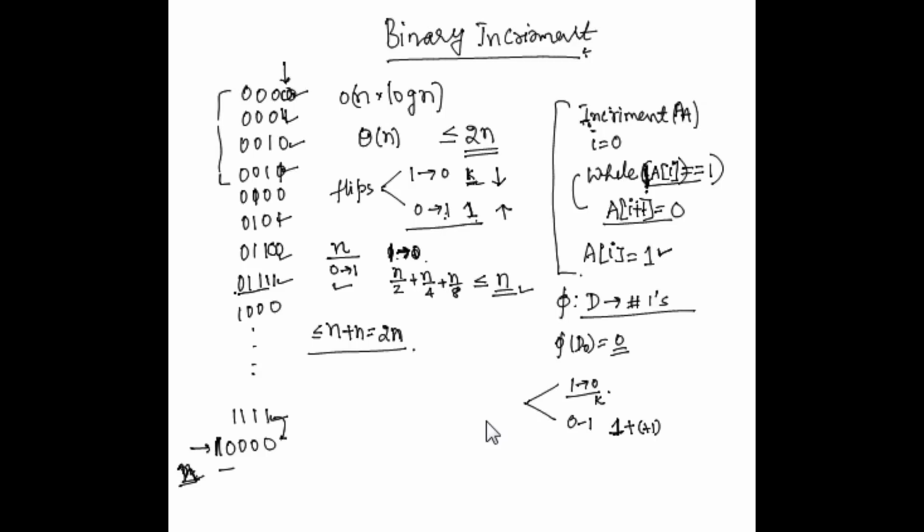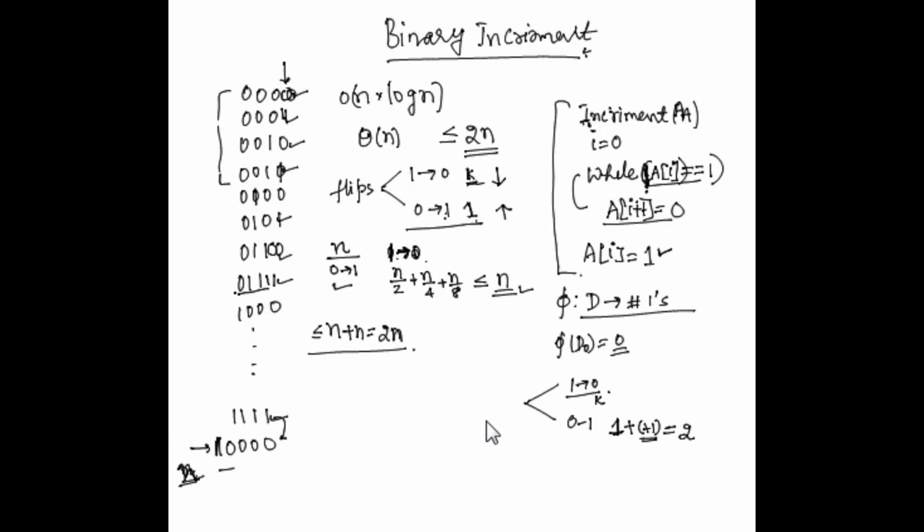If you flip a 0 to 1, the number of ones will increase by 1, so the potential difference is +1. So the amortized cost of this operation is 2.